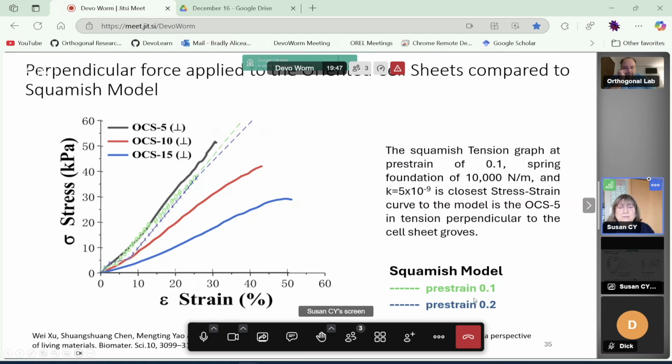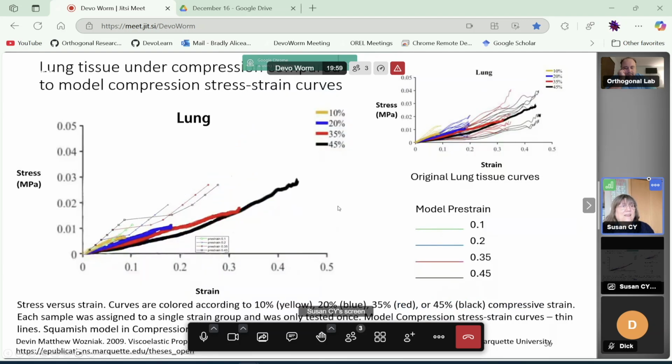And that happens mostly with the pre-strain 0.1, which is a very close match to the oriented cell sheet -5. And then this is in compression. This is the original graph, and what I have here are the average of all of these measurements.